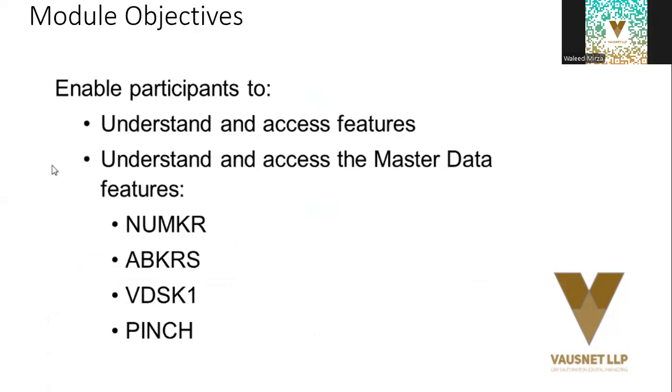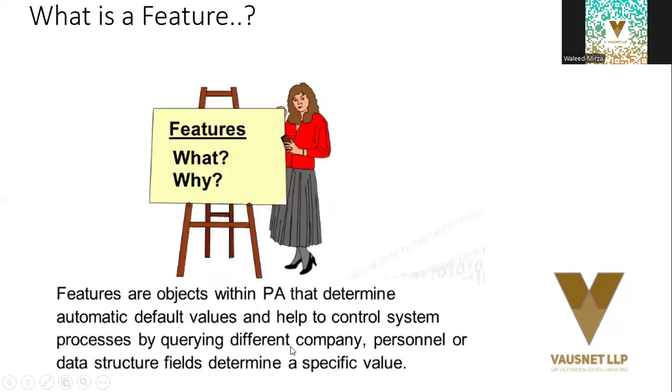The features, if we talk about in master data, they actually come with already packaged elements like number ranges, dates, and other areas that we'll see. And what are features? These are objects within personal administration that determine default values and help to control system processes.